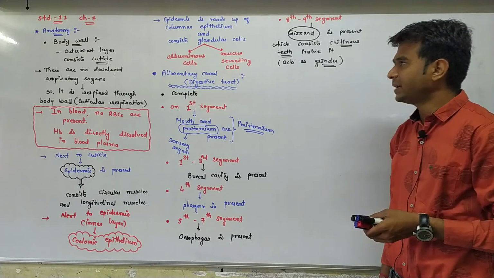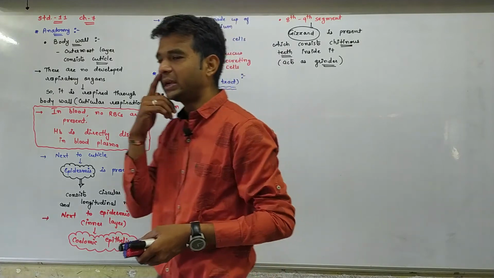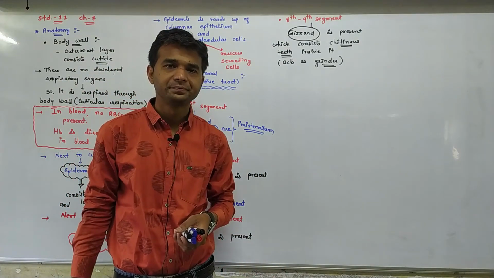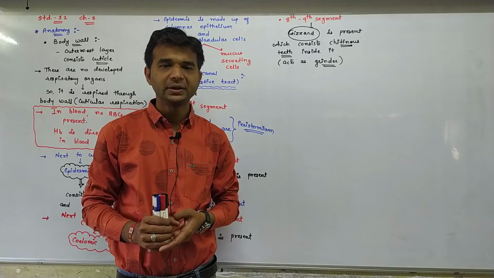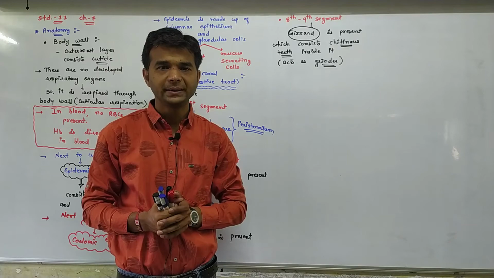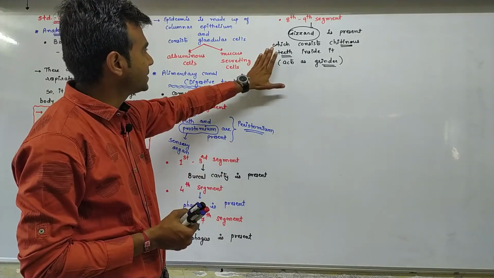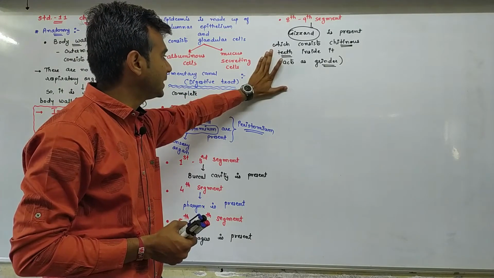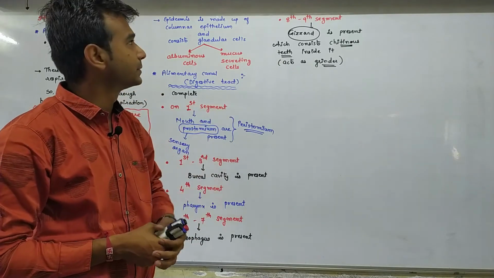When you see the mouth, no chewing components are present. So for chewing, grinding, mixing and gathering the food properly, chitinous teeth are present here in the gizzard. It acts as a grinder.